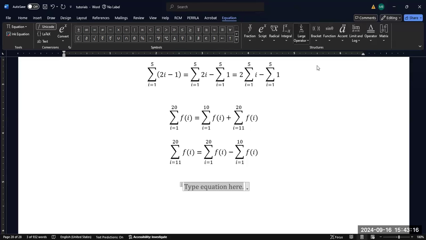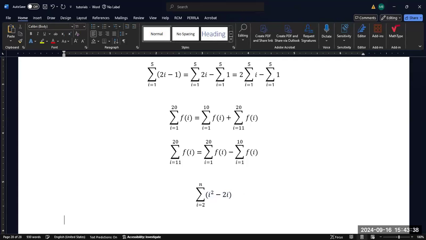So in those examples, we want to look at what happens. Let's say I'm starting at i equals 2 to n. And again, let's come up with some expression, i squared minus 2i, just to make it concrete.